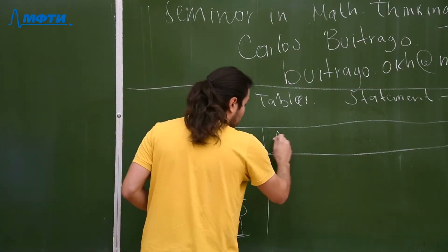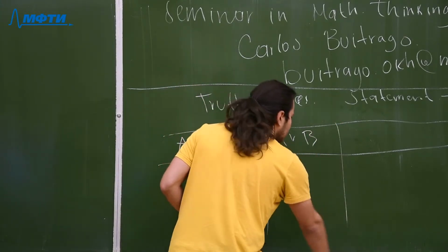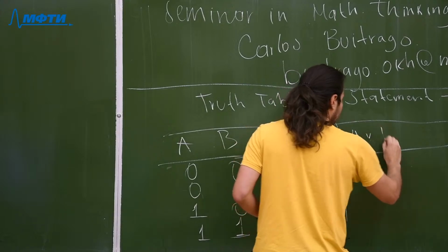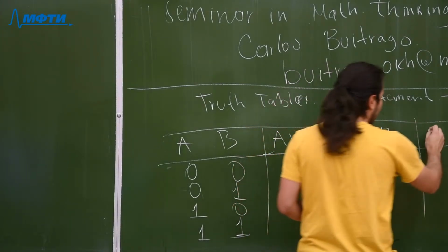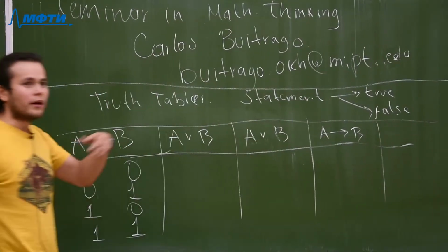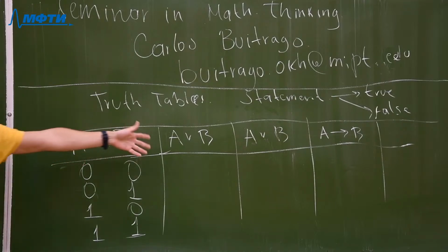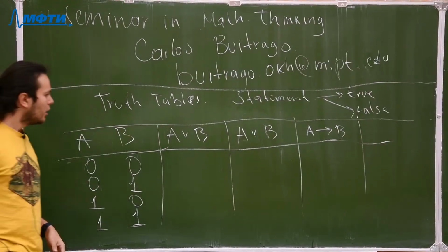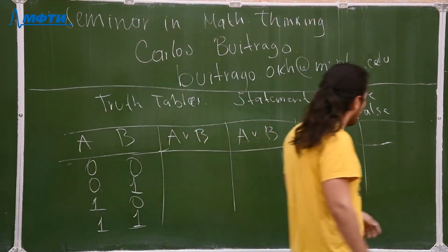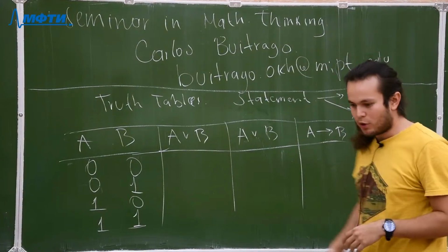So we have A and B, we have A or B, we have A implies B, and so on. You should know this from yesterday. Okay, that's good. So we're going to begin with our problems.